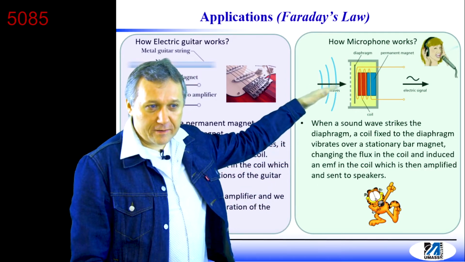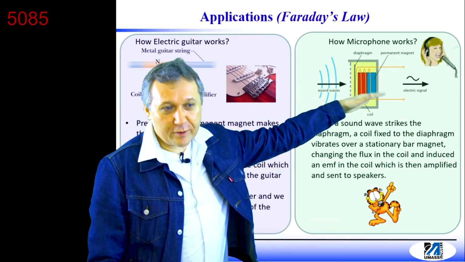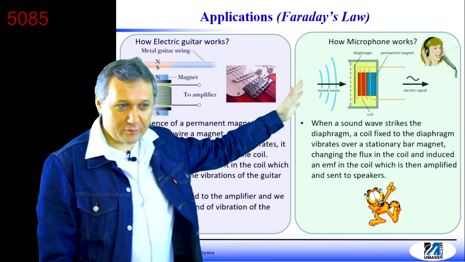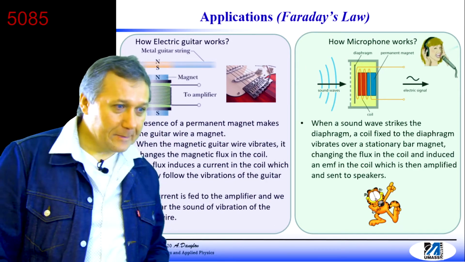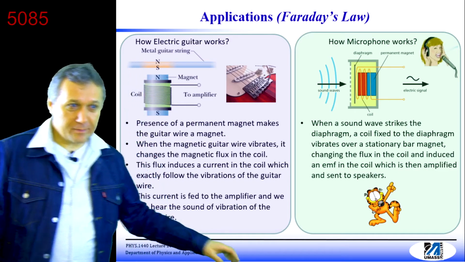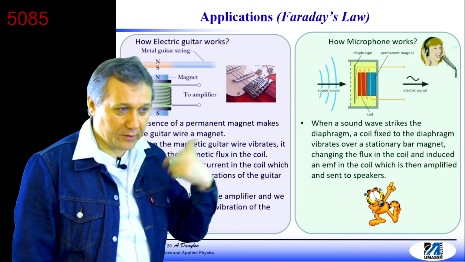The frequency of the current will be exactly the same as the frequency of the acoustic waves, and the amplitude will be proportional. So pretty much all the information will be preserved. That's how a typical microphone works.